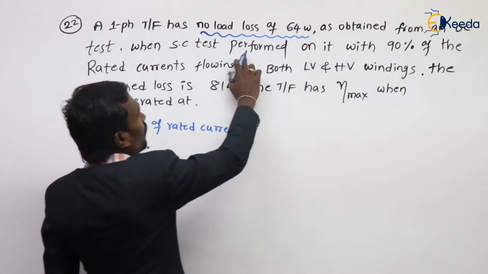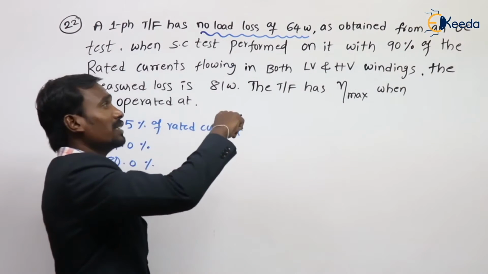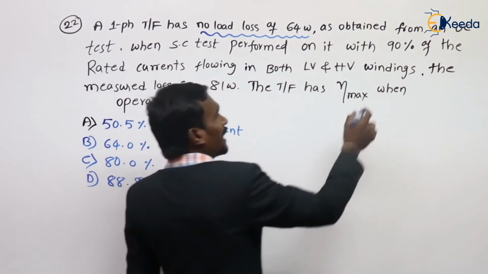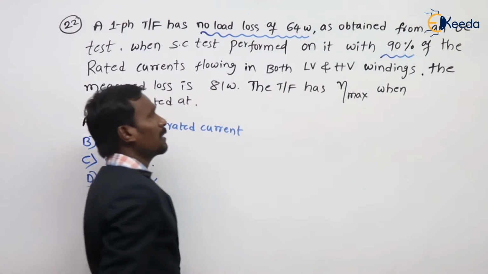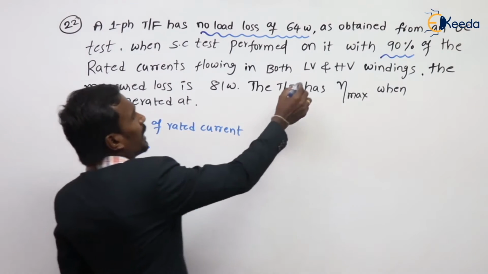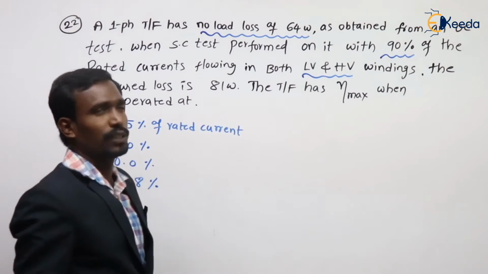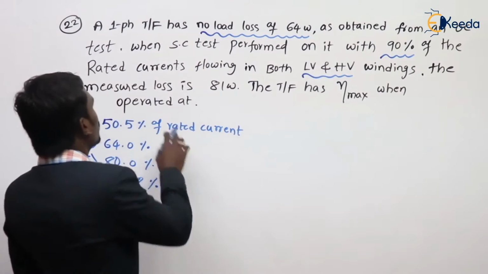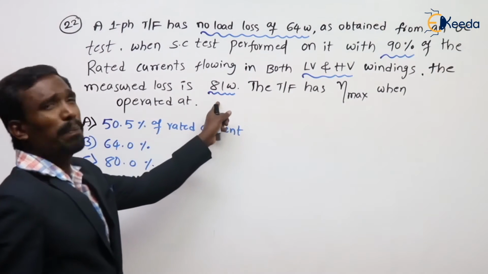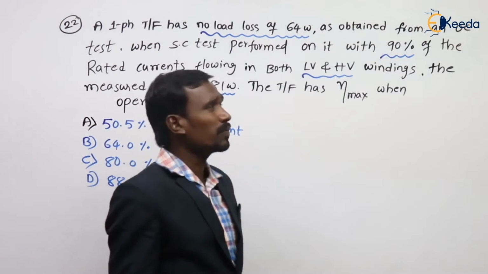When the SC test is performed on it with 90% of rated current, nothing but at 90% of load, with 90% of rated current flowing in both LV and HV windings, the measured loss is 81 watts. These are the copper losses at 90% of load.